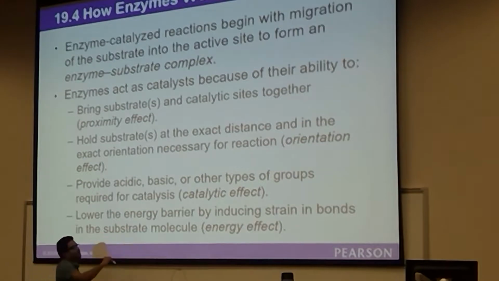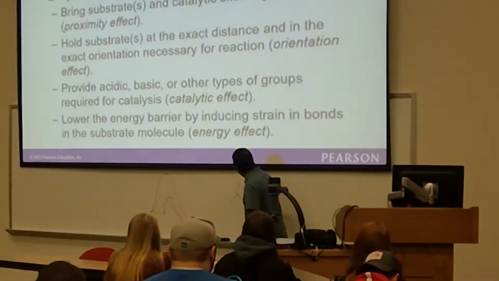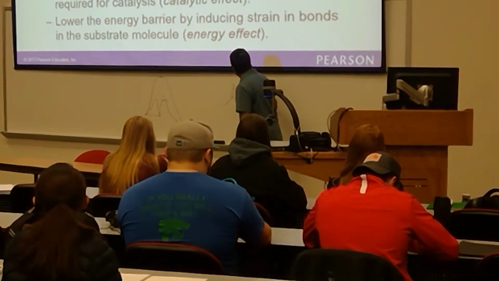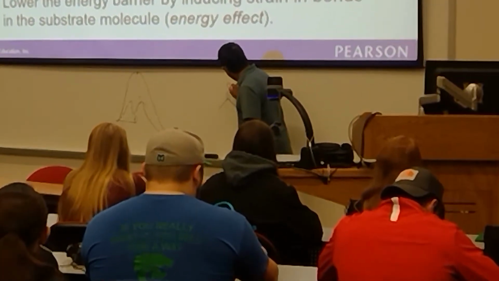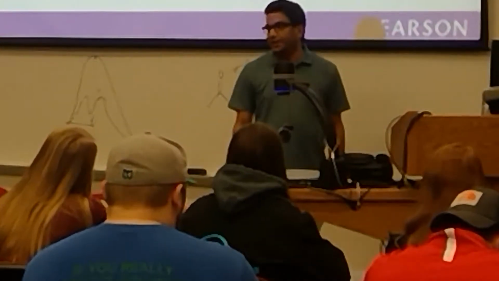So that's what they do. They lower the activation energy barrier, and how? By providing some strain on the molecule. For example, let's say we have a carbonyl group, and we want to have a reaction inside the enzyme. The enzyme has the serine, like this type of molecule, right? So that can make a temporary hydrogen bonding. When it is making the hydrogen bonding, this oxygen is giving some electron to that hydrogen.